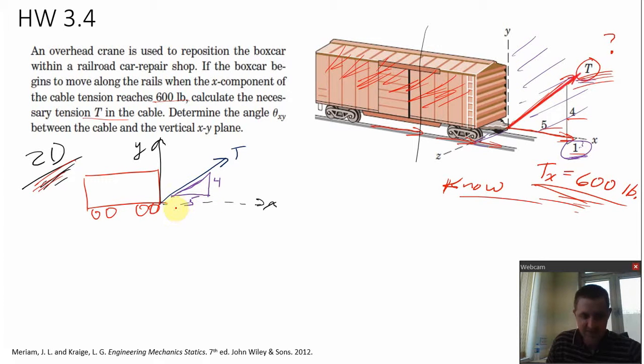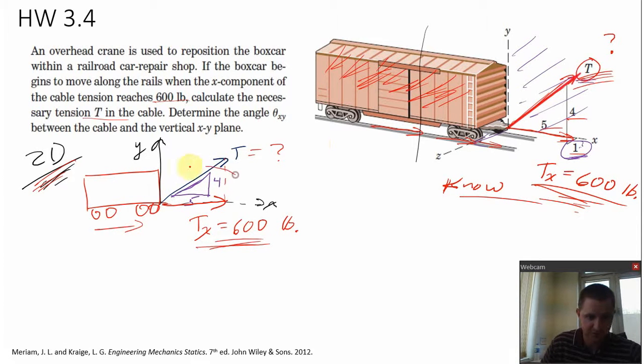Now in my simple 2D version, let's say they tell us the same thing: when the X component of the tension vector reaches 600 pounds, the car begins to move in the X direction. So what is this tension T to give us an X component of 600 pounds?